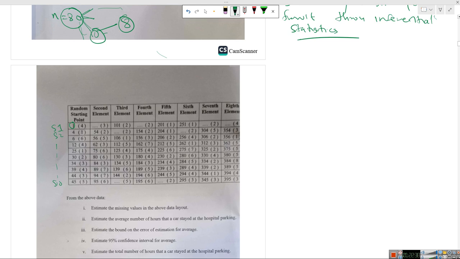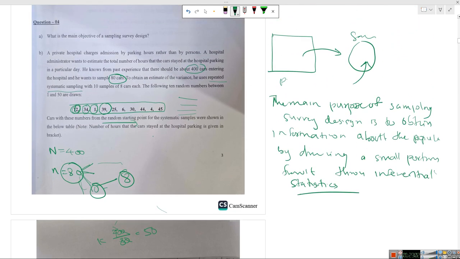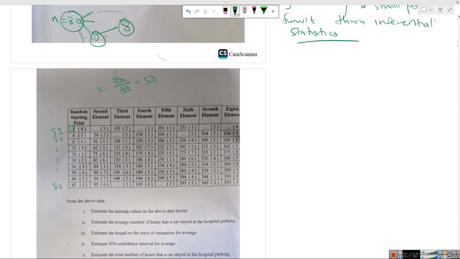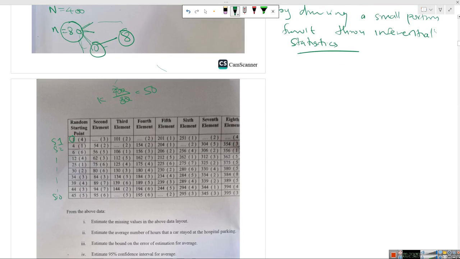Here the first car is 1, and we are going to use the random starting point. 400 divided by 80 is the k, which is equal to 5, right?